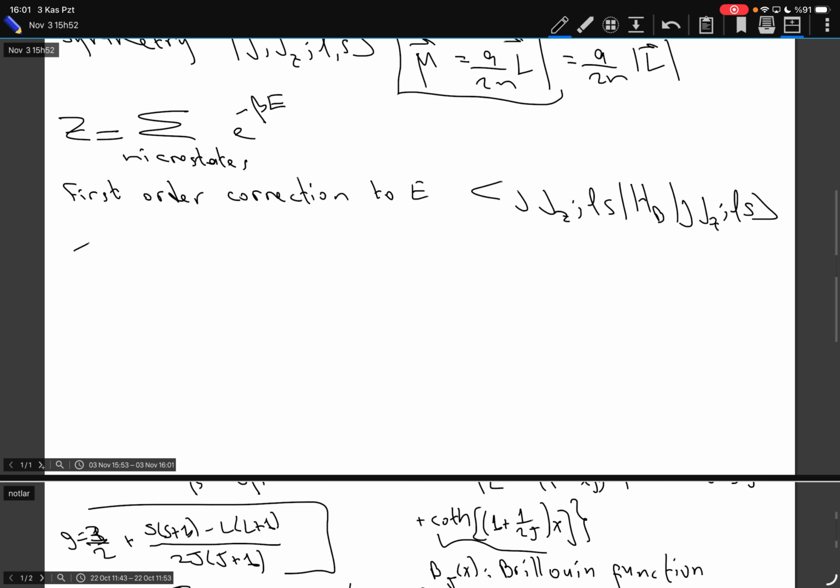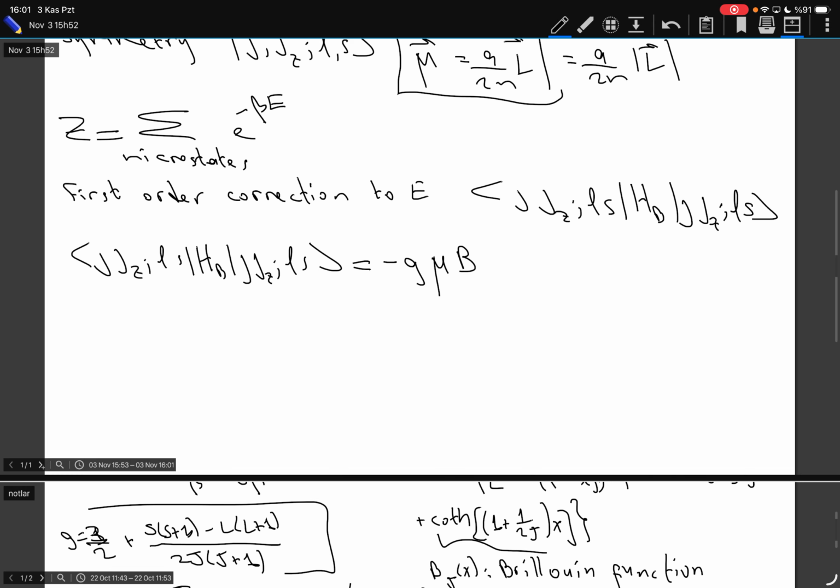I will not go into the calculation of that. This will be minus g mu B. Well, it's just like the previous case. Mu B, well, there was also the cosine theta.